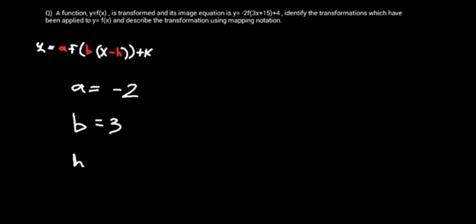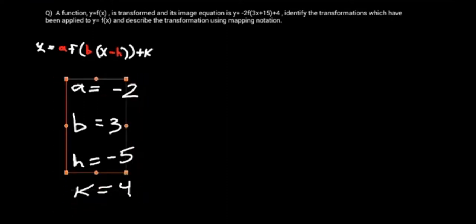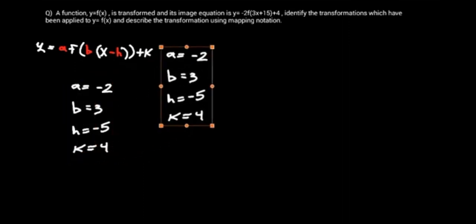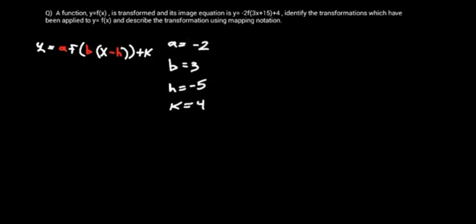And then we have h, which equals -5. And then k, which equals simply +4. Let's make this smaller too. So these are actually the steps that you should be doing in the quiz.